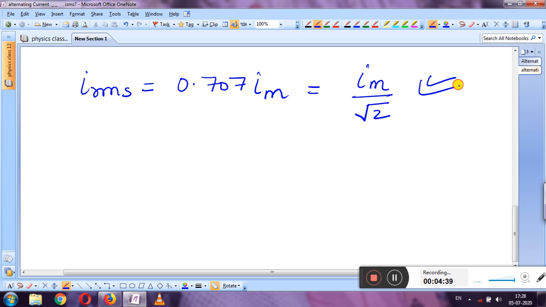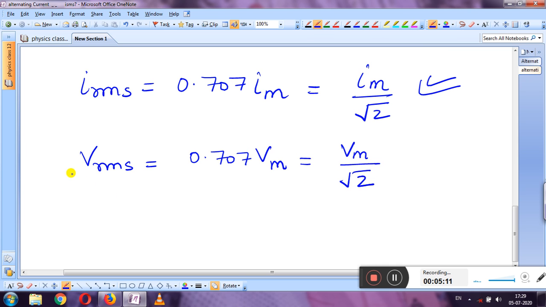We have written this for current, but remember, for voltage also we can write in the same way. Root mean square voltage will be equal to 0.707 Vm. Here I wrote Im, I made a mistake, it will not be Im, it will be Vm, and here also Vm upon root 2. Like this we can write for voltage too.